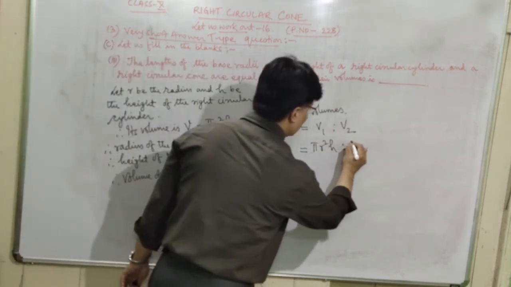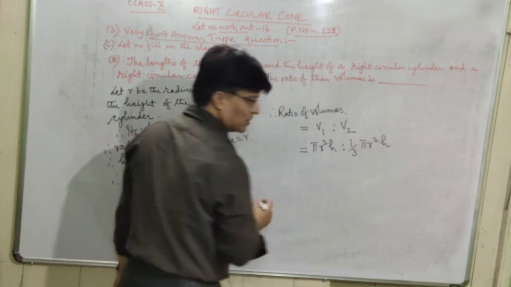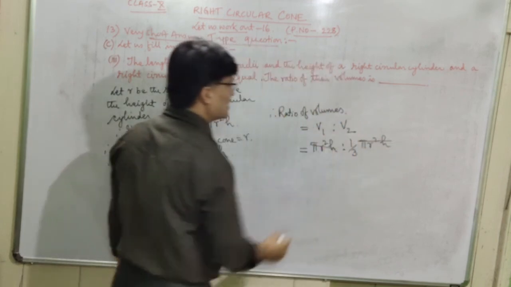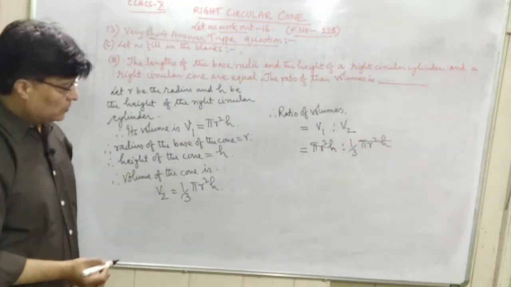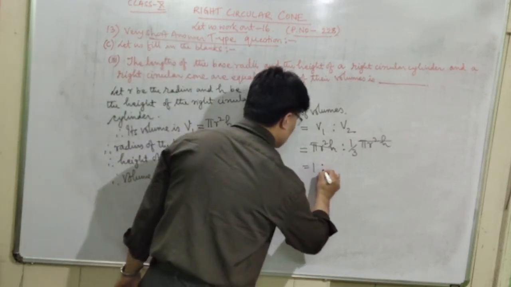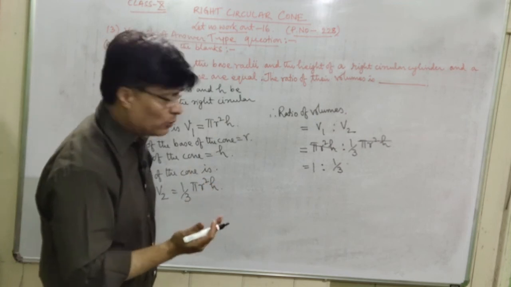It is 1/3 pi r square H. From both of these, you can cancel the similar terms. That means you can cancel pi r square H. So it is 1:1/3.